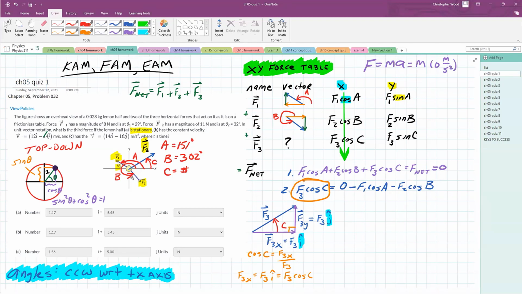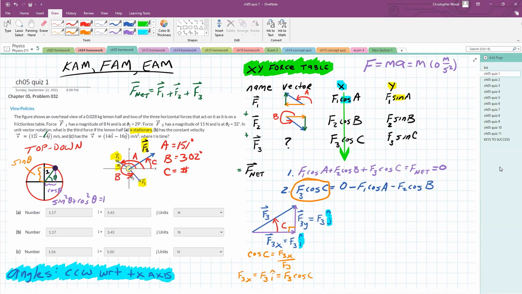Truth is beauty. So let's do 0 minus F1, 8 newtons, times cosine of A, 151, minus F2, my F2 is 11, times cosine of angle B, which for me is 302. And I have my answer already.